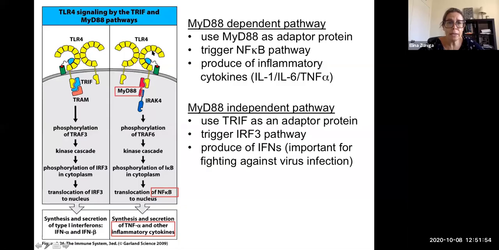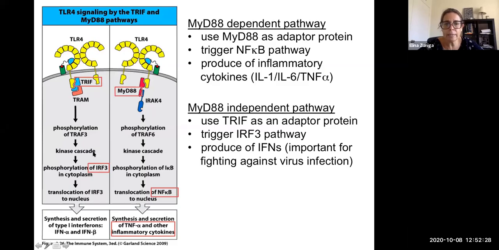So when they are engaged by LPS, not only will this lead to the activation of MYD88 and NF-kappa B activation, but it will also lead to the activation of the TRIF adapter in a MYD88-independent pathway, and this will lead to the activation, via the kinase signaling cascade, of phosphorylation of IRF3.